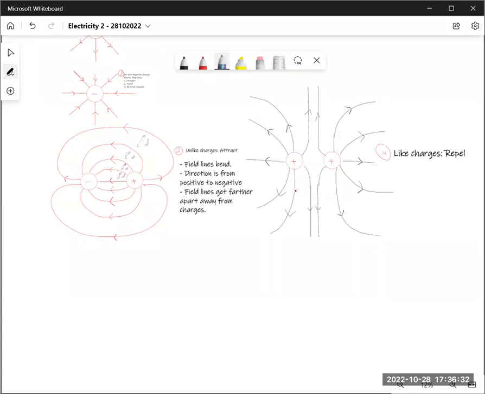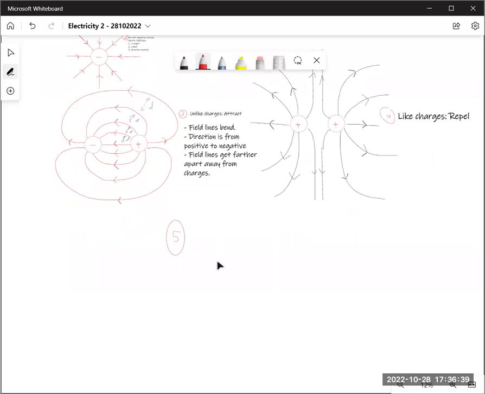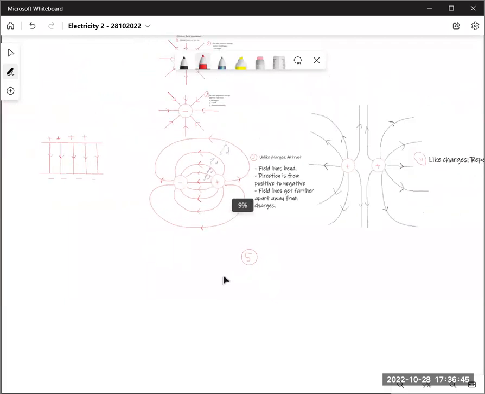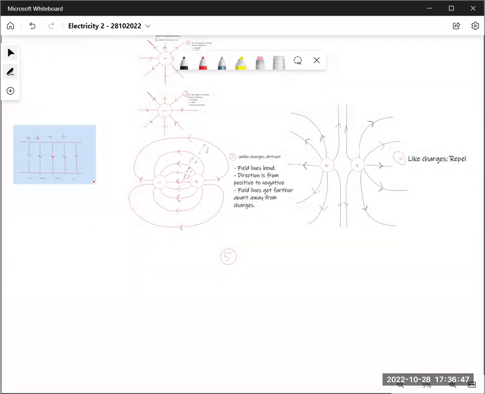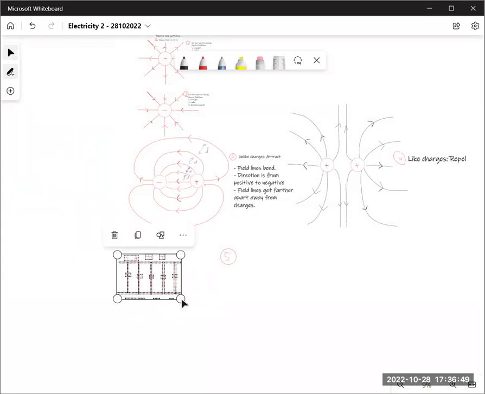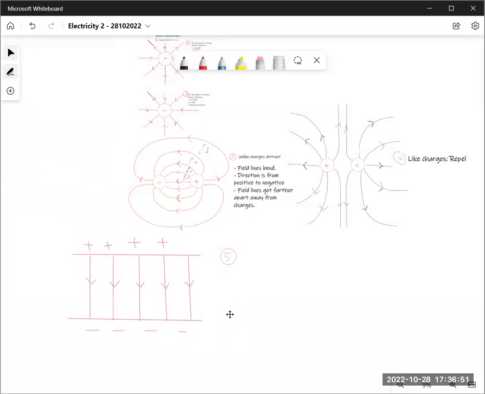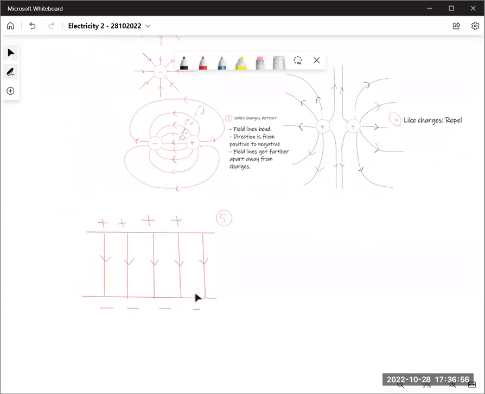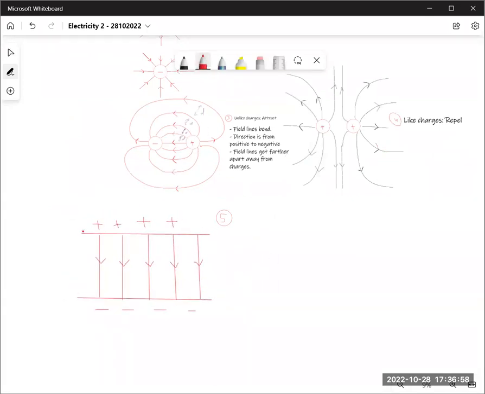Now we have one more thing happening here, which is the fifth one. Yes, we do have another one, and you'll love to see it. It's much simpler than all of these. This is the one which I had hidden away before. Ta-da, this is the one, right? And it's actually much simpler. All you need is two plates. Now this is called a plate.